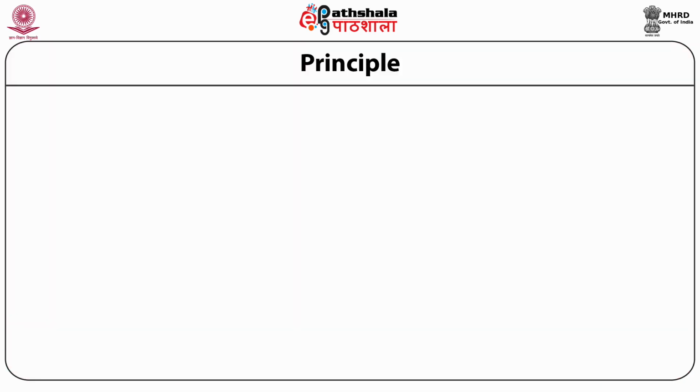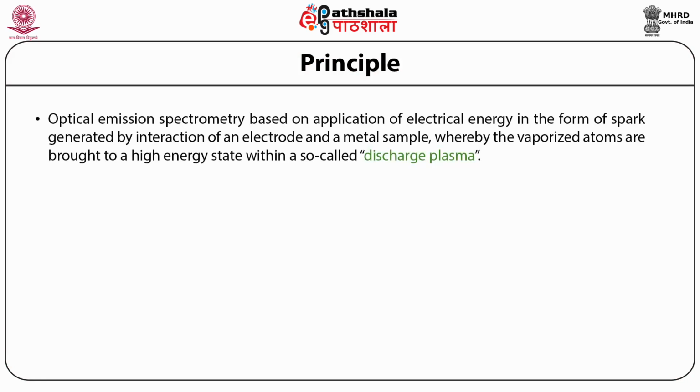Now, coming to the principle of optical emission spectrometry. Optical emission spectrometry is based on the application of electrical energy in the form of a spark generated by interaction of an electrode and a metal sample, whereby the vaporized atoms are brought to a high energy state within a so-called discharge plasma.